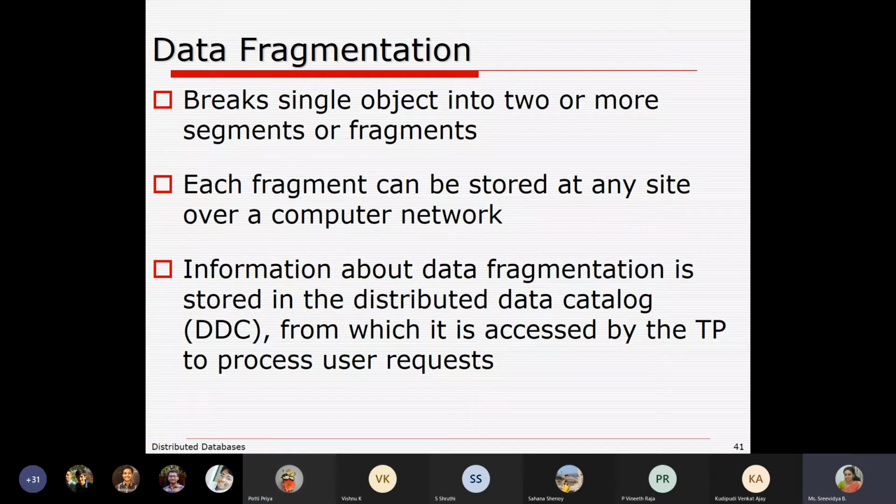I think what you are asking is what the different types are? Is it vertically splitting, horizontally splitting, or mixed? Fragmentation can be done in three different ways. That is what we are coming across in the next slide. Is that what you are asking? Yes, sir.